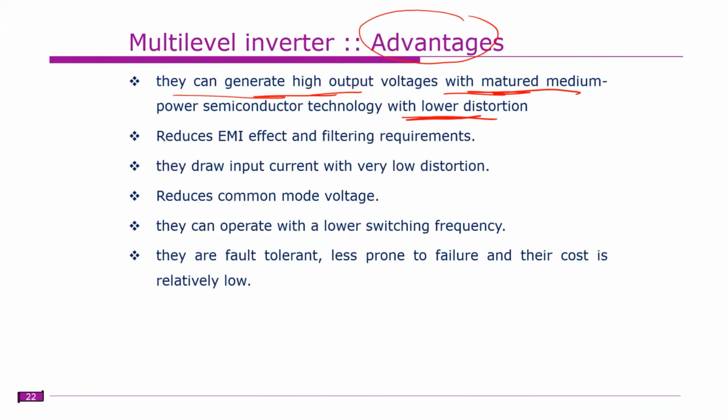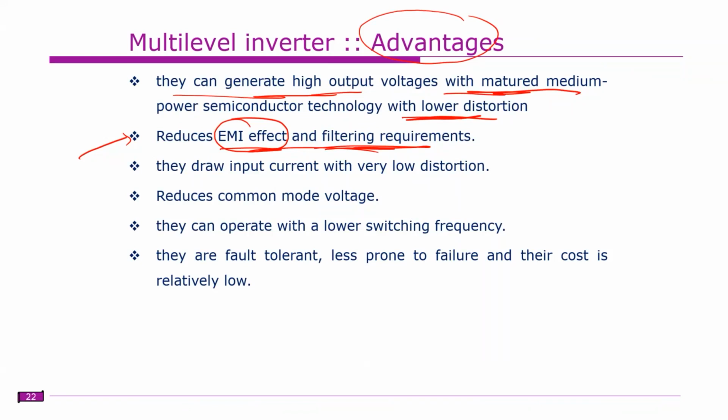And they reduce the EMI effect and the filtering requirement. This is electromagnetic interference. These switching inverters are usually operated at a switching frequency of maybe 10 kilohertz, 15 kilohertz, and sometimes for DC-DC converters they are operated at very high frequency.